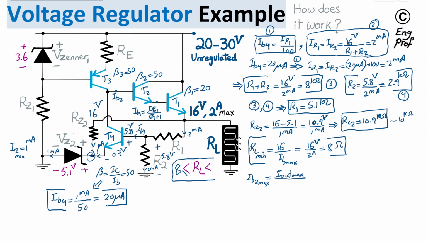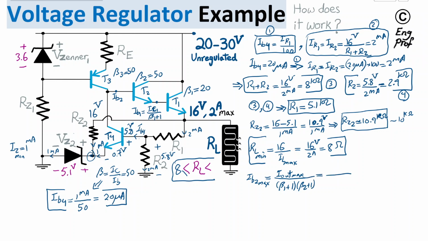So I can say IB2 max is equal to I out max. And I can neglect, of course, the 2 milliamp current going through R1, R2, or 1 milliamp or so going this way, compared to the 2 amp that is 1,000 times more than them. So I'm neglecting those little currents. So I out max divided by beta 1 plus 1 times beta 2 plus 1 in the denominator.